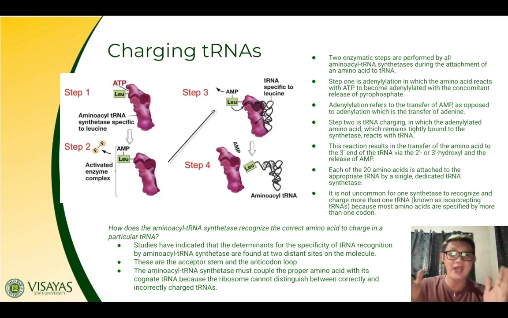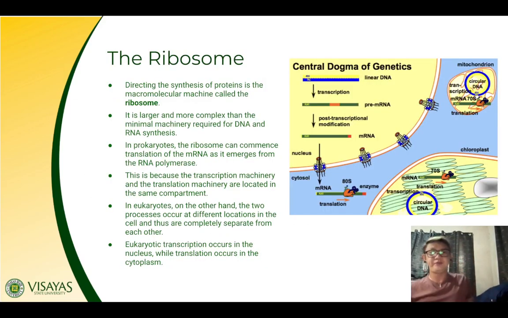So it is at the aminoacyl-tRNA synthetase function that the correct amino acid must be attached to the correct anticodon, because there is no way the ribosome could discriminate which one has the proper amino acid attached. We have already discussed the messenger RNA, the transfer RNA, and the aminoacyl-tRNA synthetase.